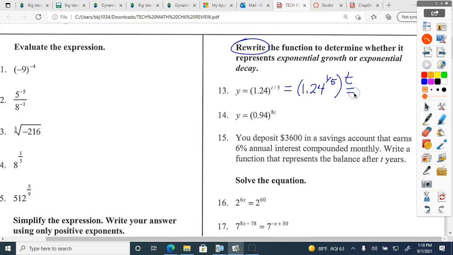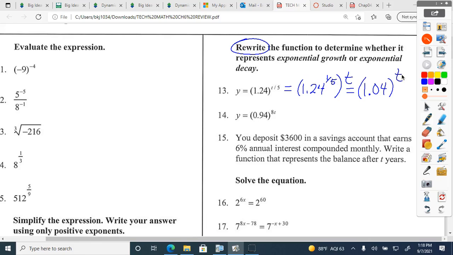Okay? What is 1.24 to the 1/5 power? What's the big number? Just round to the nearest hundredth. 1 point what? 0 what? 0.04. So we'll just say 1.04 to the t. That's what I'm looking for.